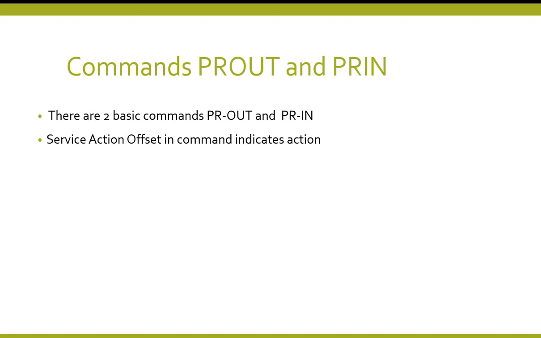And there's a service action offset, because PROUT and PRIN are just generics, and the service action specifies what type of action the LUN should take when receiving the command.